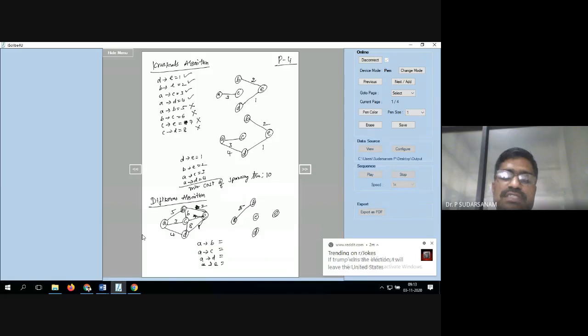Next, that is what the 5. Next, A to C is nothing but you need to check it out. So A to B, B to C also: 5 plus 6 is 11 it will be coming. So A to C is directly a route, that is called the 3 only. Next, A to D is there.